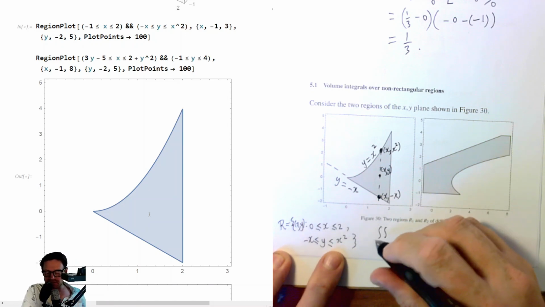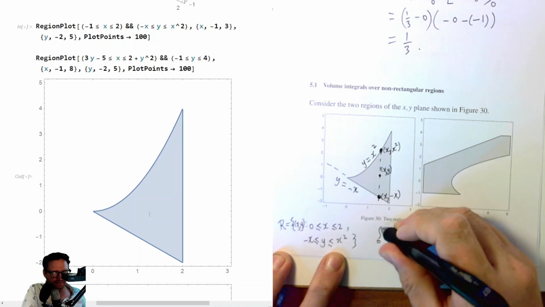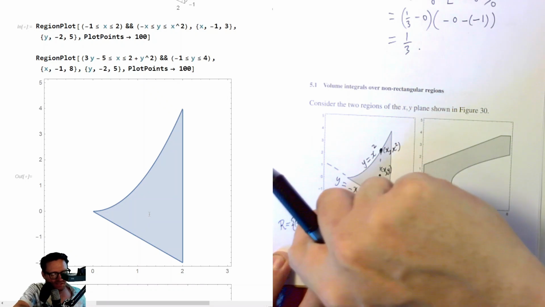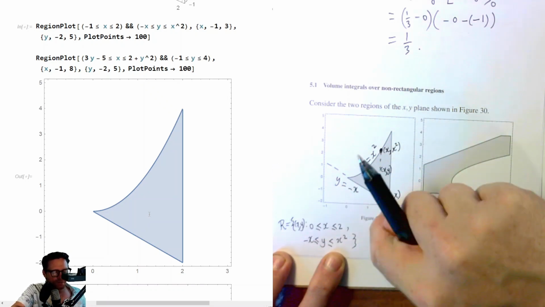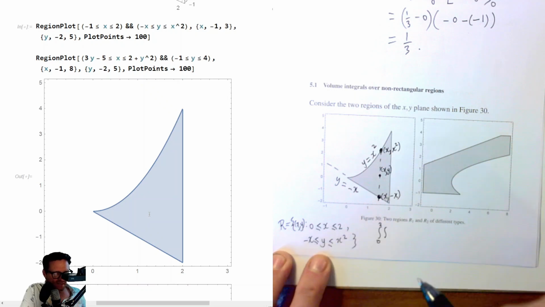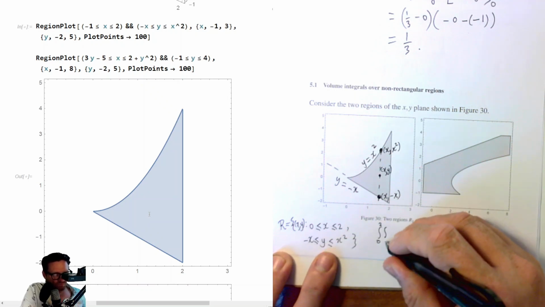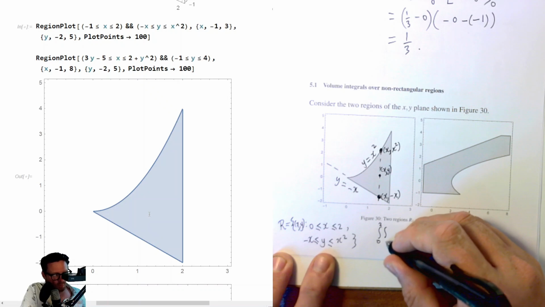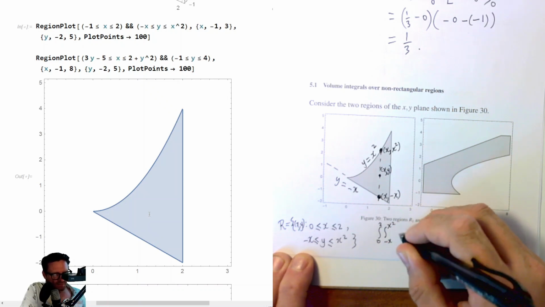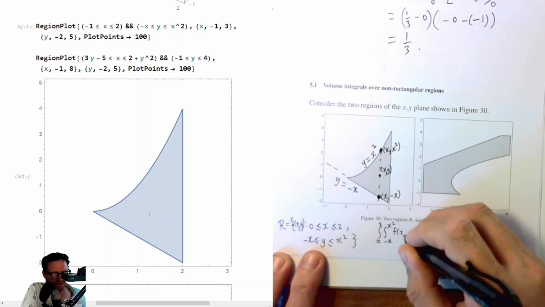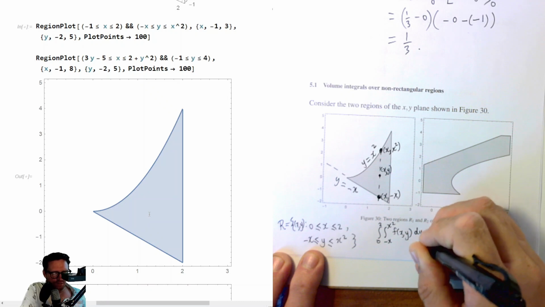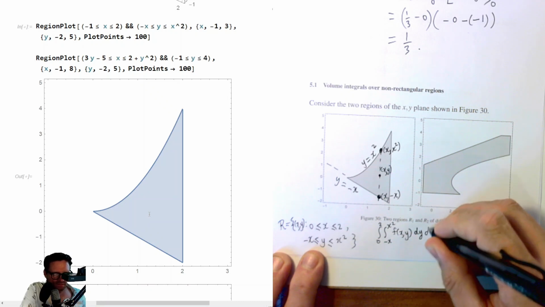where we have the constants represented on the outside. You see, constant values 0 and 2. Put that on the outside. And then on the inside, put the values that depend on x, right? So minus x to x squared. In here we have f of x and y. And then that's dy dx.